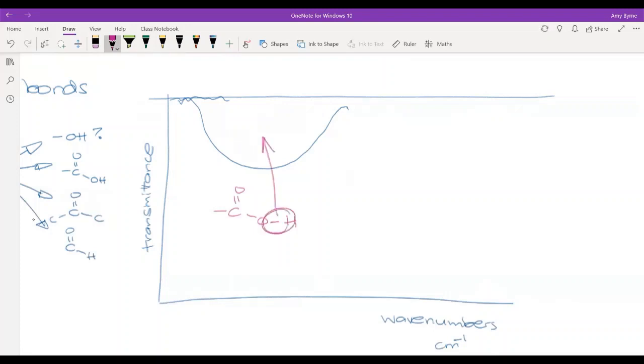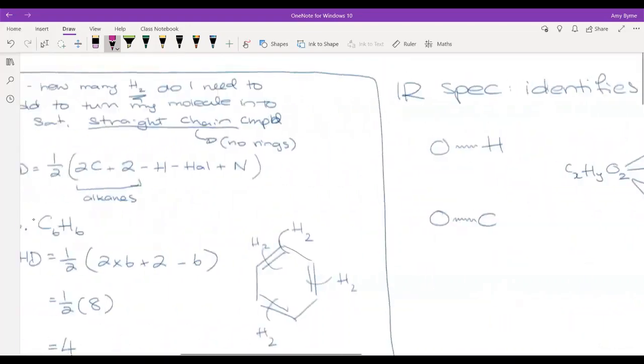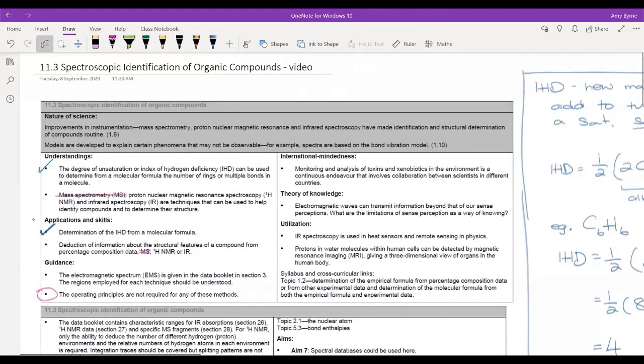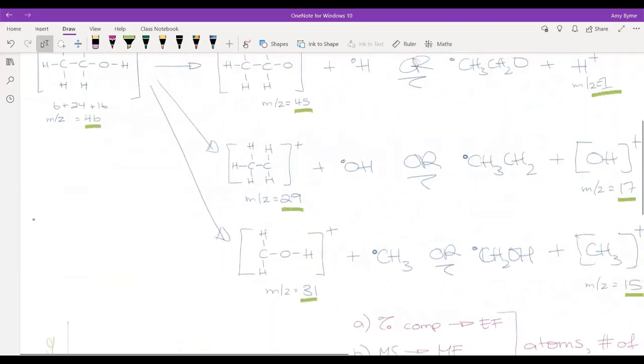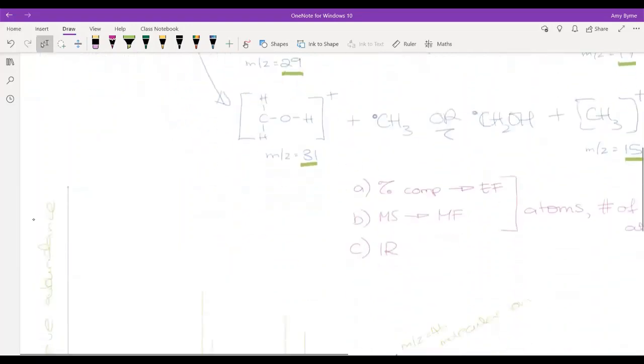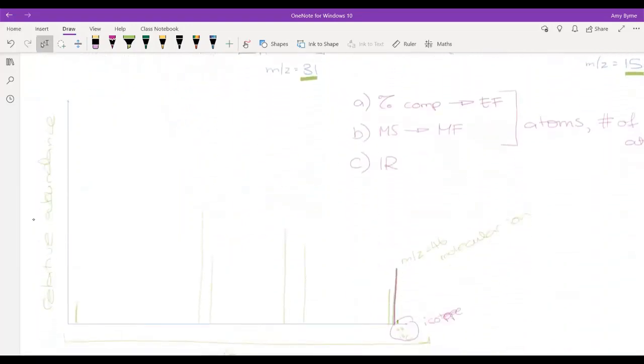This bond here creates that trough. As you practice, you will begin to notice what some bonds just look like. If you get good enough at this, if this clicks with your brain, you might find it easier to have a quick look at the IR spec, think intuitively, and it comes with practice, what bond does this thing look like it has, and then have a look at your mass spec.